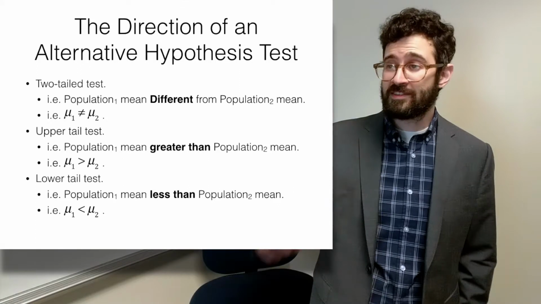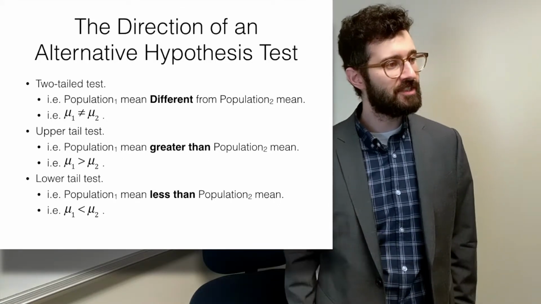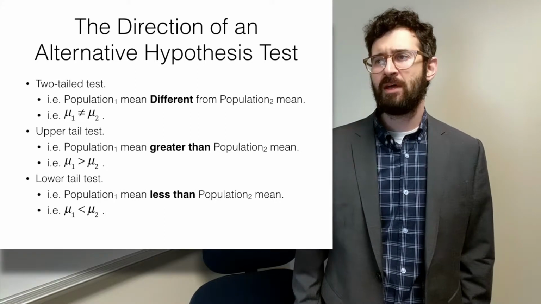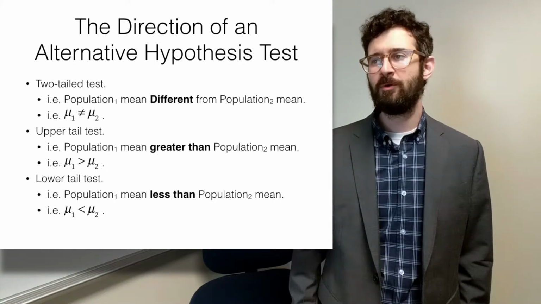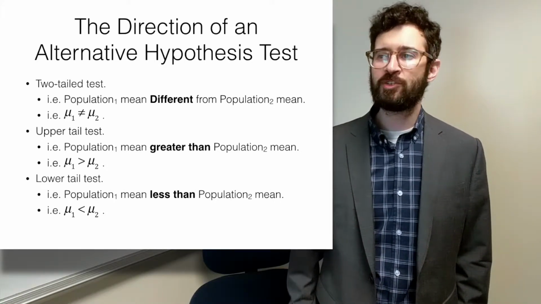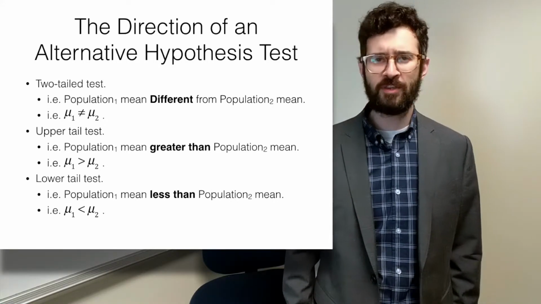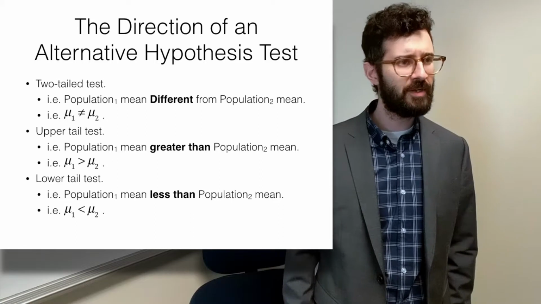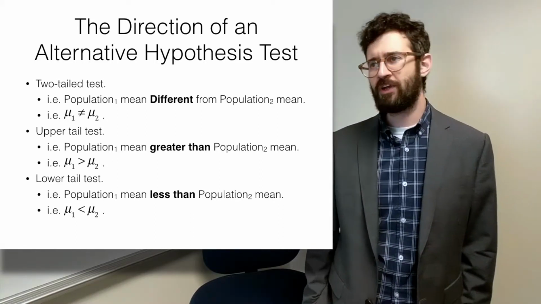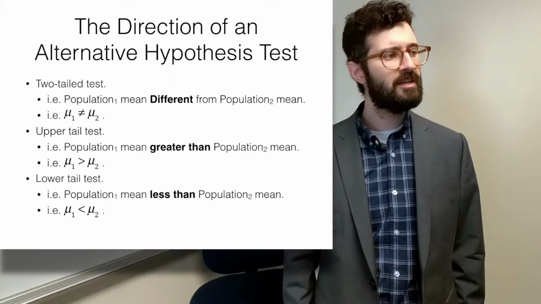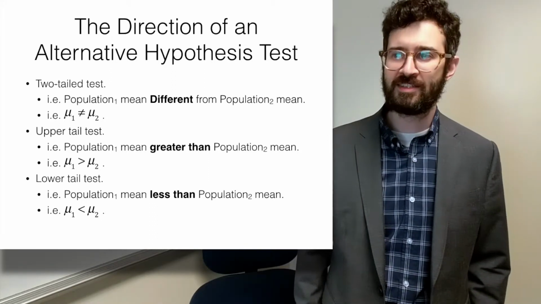Now, let's say I had more information about these facilities and I felt very strongly about something, I might be able to make a claim that the population environment livability average is in fact greater at one of these facilities than the other one. So if I thought that the population average was greater at Bellwatt than Franklin, I'd be conducting an upper tail test.